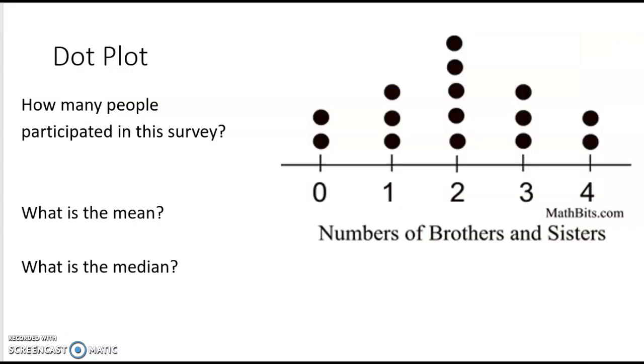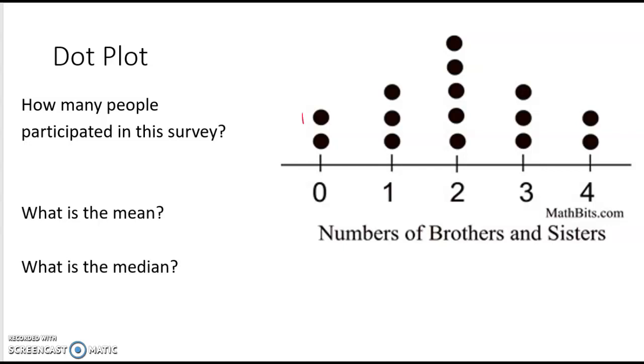So I'm going to look at a dot plot. A dot plot is a line with a series of dots, or sometimes they're represented by little X's, like little tick mark X's going up. So the first thing I'm going to ask you is how many people participated in this survey? Some people make the mistake of thinking that it's 4 because there's 4 numbers, or 5 because they count the 0, but it's actually how many dots there are.